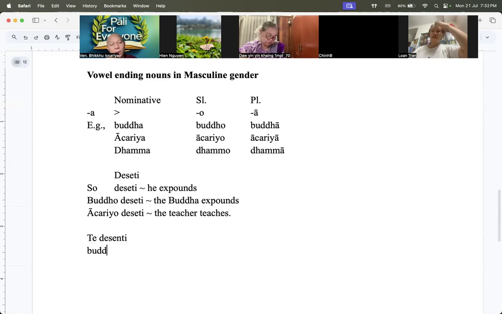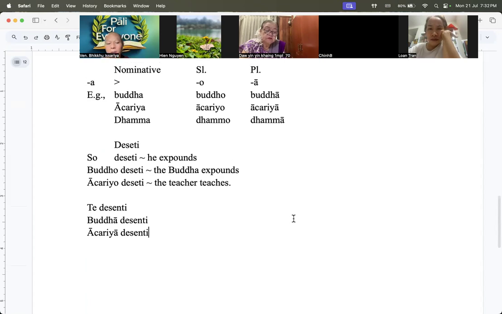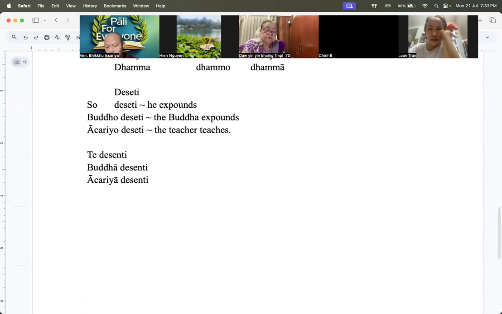So "Buddha descended," and then "Ajariya descended" like this. Okay. And also, we have already learned some gerund verbs and so on, so now we can practice with the other nouns.